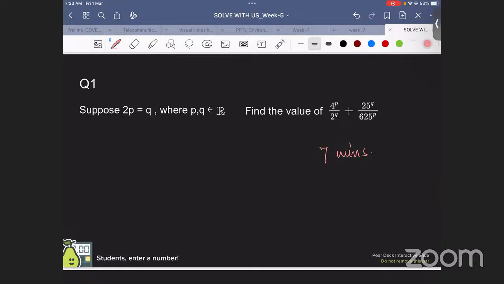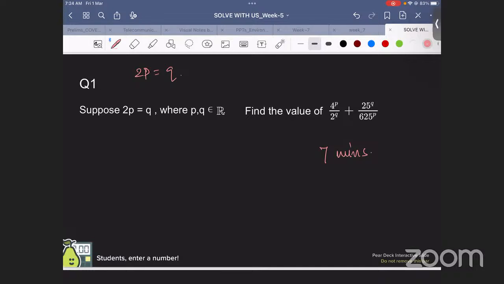Okay. See, let's solve this. I'll just solve this question. So it's given that 2p is equals to q, right? So what can I write about 4^p?